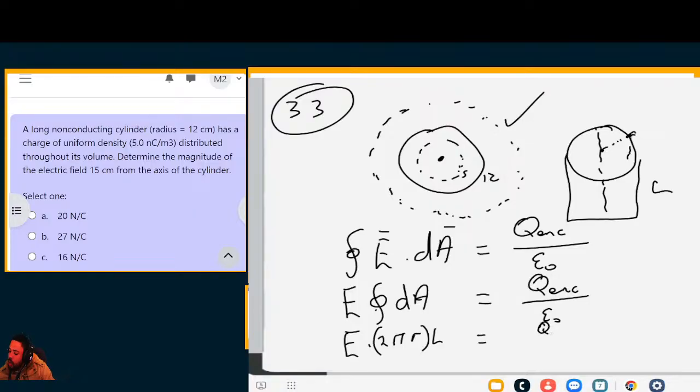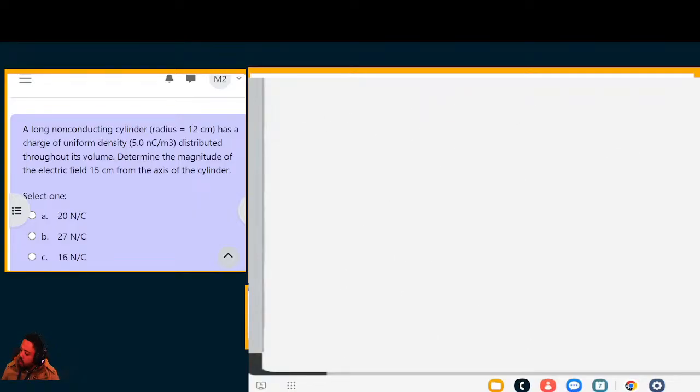Then Q enclosed is still there, divided by mu naught. So this is what we have so far: the electric field multiplied by 2 pi r times the length is equal to the charge enclosed over the permittivity of free space.